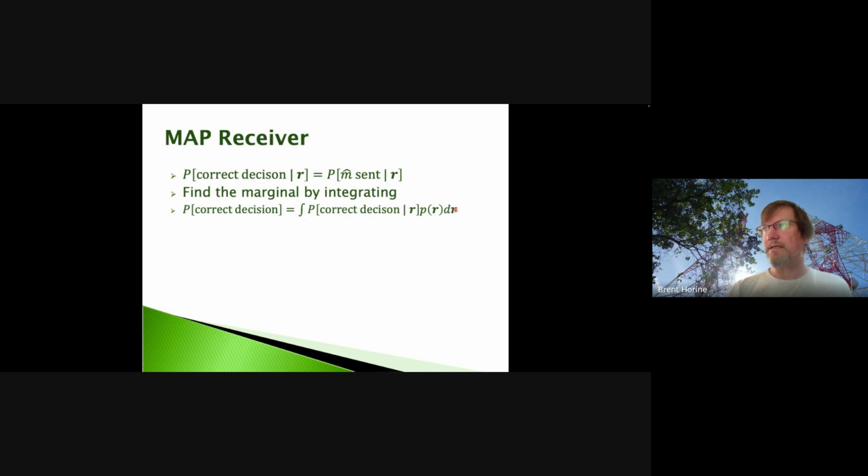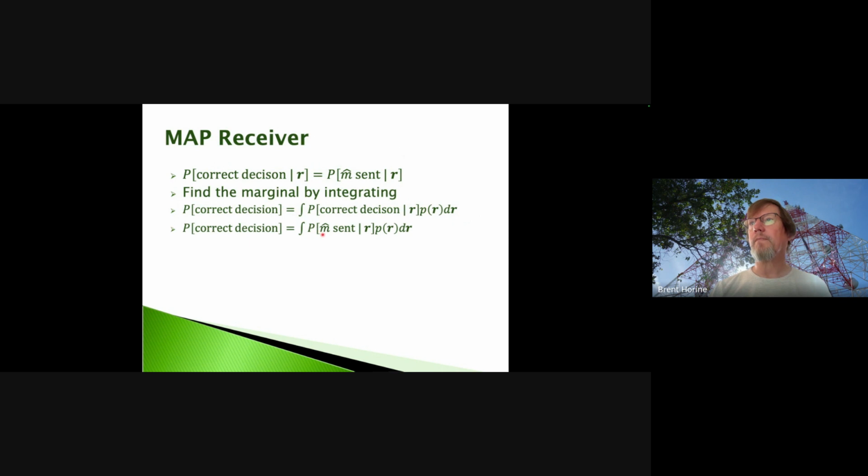So at each dr, each delta R, we multiply the probability of that particular R by this conditional probability, and then we integrate it for every dr, right? And then that removes the conditional effects of R, and we have what we call that marginal probability. So that's ultimately what we're interested in. What is our probability of making a correct decision in our receiver, and how can we maximize that?